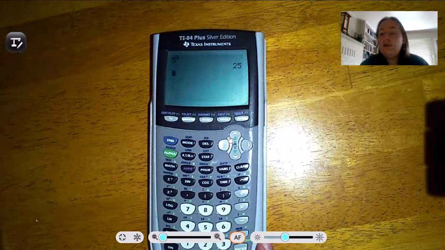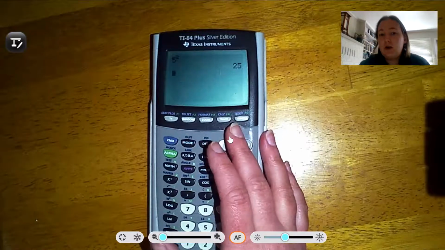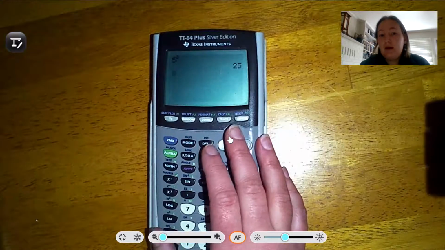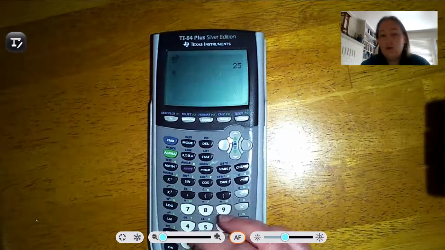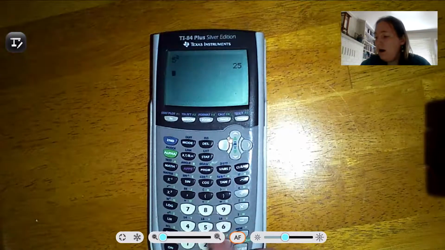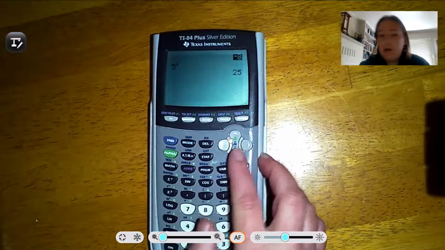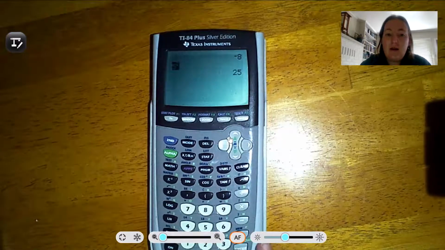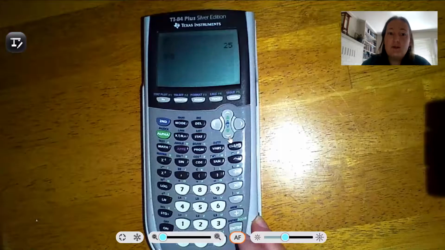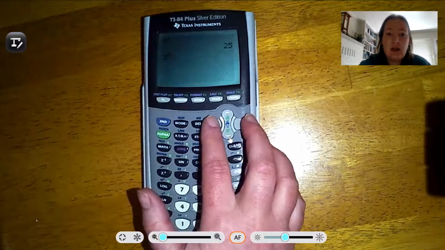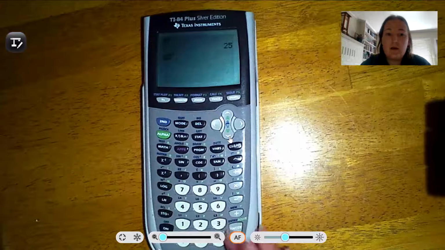Now, if I didn't want 5 squared, I wanted 6 squared, I could either retype it as 6 caret 2, or I could scroll up to it, hit enter once it's selected, and it'll retype it, and then I can change it by using the arrows to 6 squared.